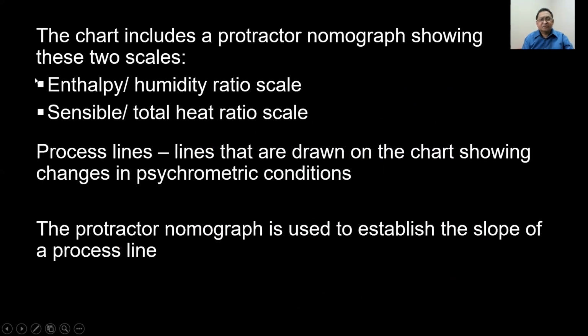Okay, so the chart includes a protractor nomograph showing two scales. The first one is enthalpy humidity ratio scale, and the second one is a sensible heat ratio scale. I will show you here.